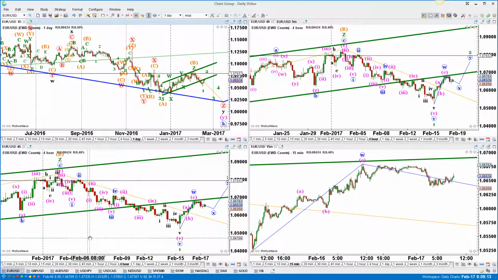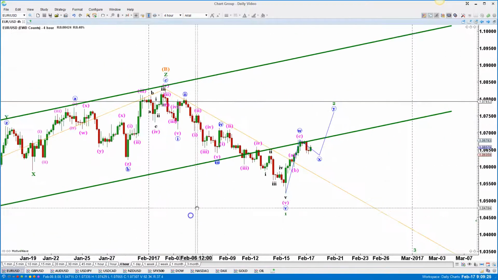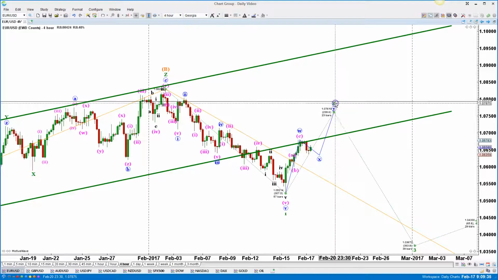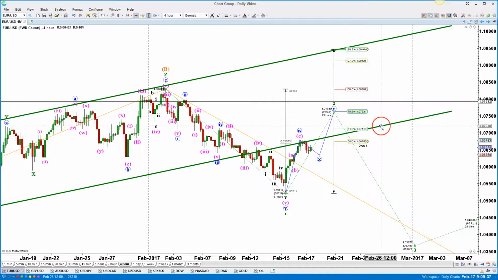Today we're going to start with the Euro USD that currently is trading at the 106.57. The price on the hourly chart reached the trend line and we are expecting a deeper continuation to the upside. The plan is to follow the move up to the area of the 78.6%, the 107.63.